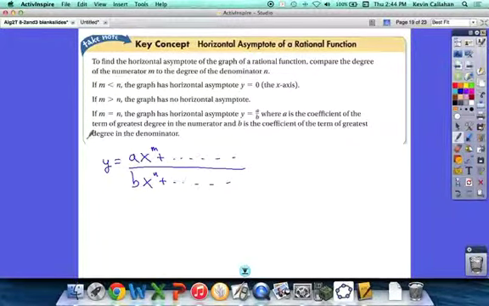So the three rules are this. If the degree of the numerator is less than the degree of the denominator, the horizontal asymptote is y equals 0. That would be like inverse variation, y equals 2 over x. Which has the highest power of x, the numerator or the denominator?